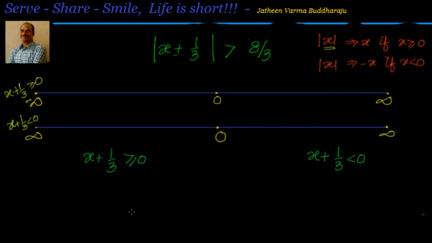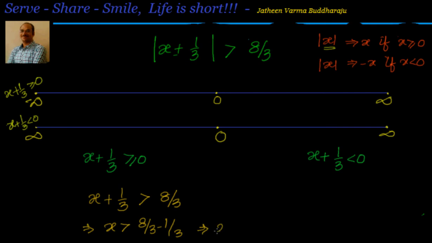Now let us take the first scenario. X plus 1 by 3 is greater than 0, so it is positive. So mod of x plus 1 by 3 will be nothing but equal to x plus 1 by 3 only. So the linear inequation will be x plus 1 by 3 greater than 8 by 3. That gives you x greater than 8 by 3 minus 1 by 3.